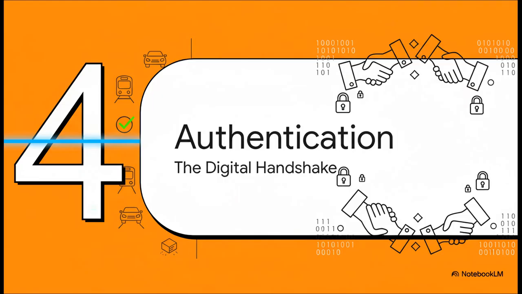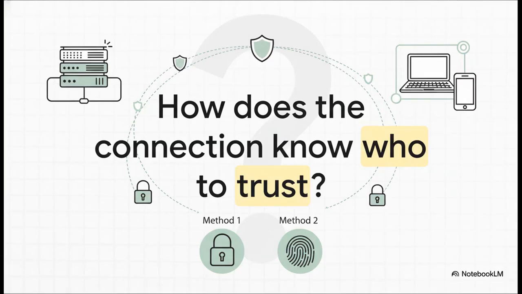Okay, our tunnel is built, we've picked a mode, but how do we make sure only the right people get in? That brings us to the most critical part, the digital handshake, or authentication. This is the million-dollar question in network security, right? How does the server know the client is legit, and how does the client know it can trust the server? Well, OpenVPN gives you two main ways to solve this puzzle.